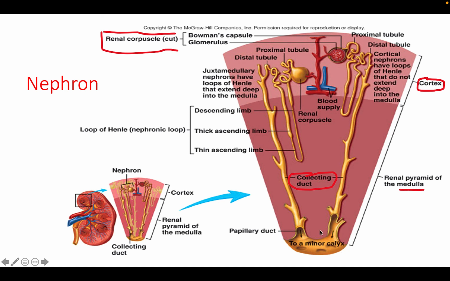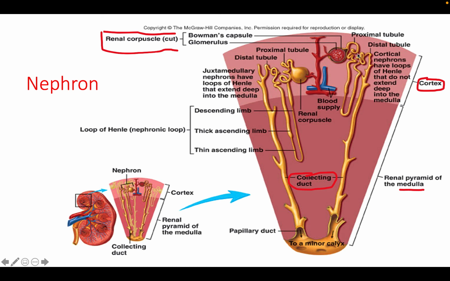And so the filtration of blood begins in the renal corpuscle in the cortex, circled in red here. Again, the Bowman's capsule is the same thing as the glomerular capsule. It's what's surrounding this glomerulus here. It then continues the filtering and reabsorption process through the cortex.